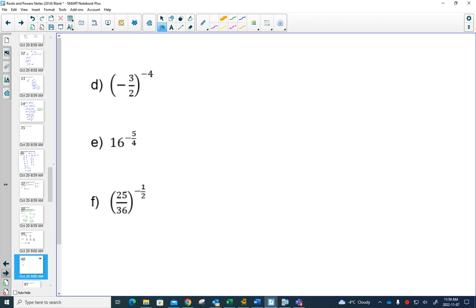Now, something you can do with the negative. You could say the negative went with the 3. Do you agree that that's the same? The whole fraction's done, the negative could be with the 3, or you could have said the negative's just with the 2. That means you have a negative 3 to the negative 4, and you have a 2 to the negative 4.